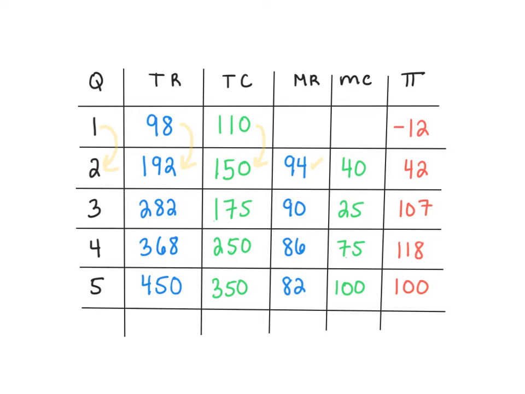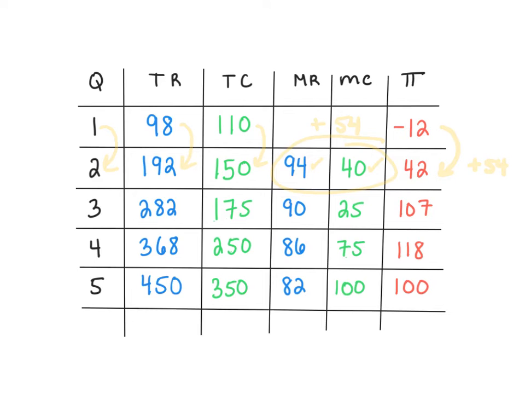The additional cost is $40. Here, the additional revenue is more than the additional cost, so profit does go up. More specifically, the additional revenue is $54 more than the additional cost, so total profit increases by $54.